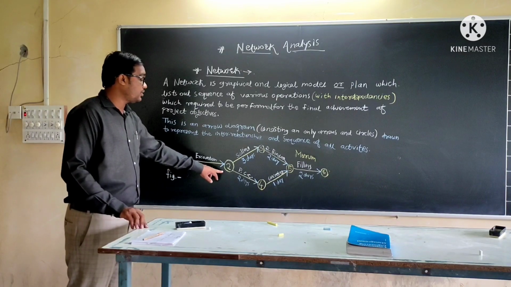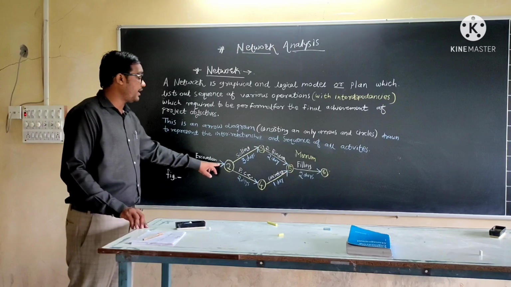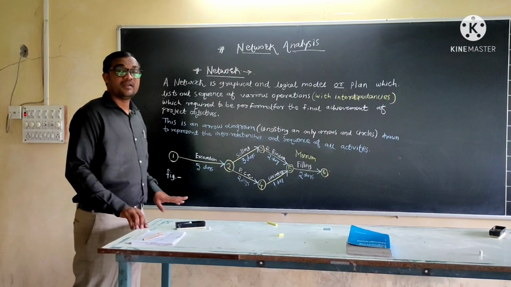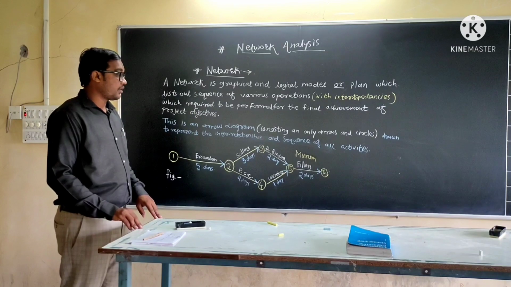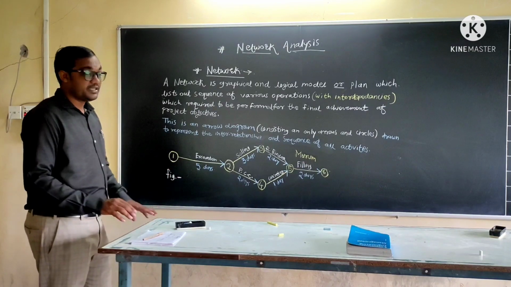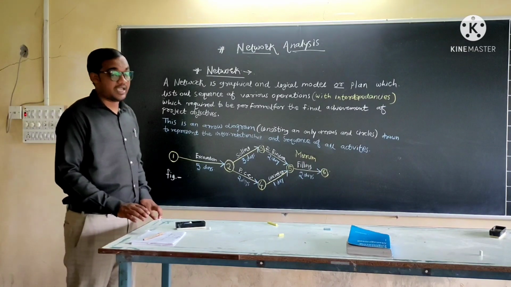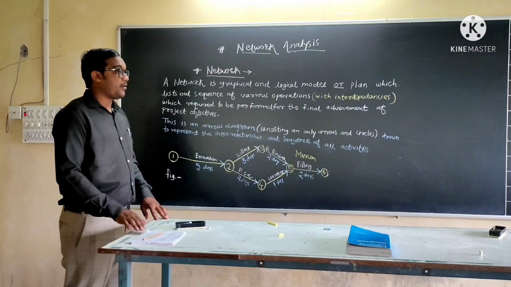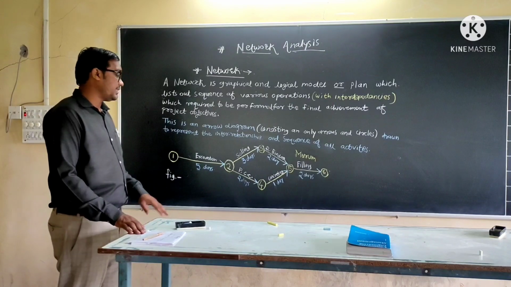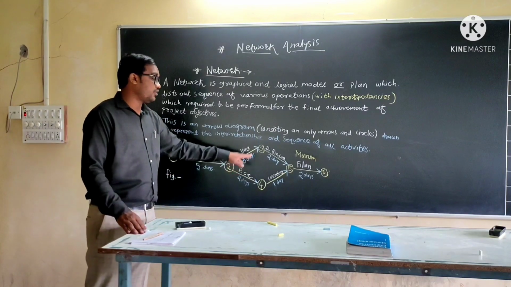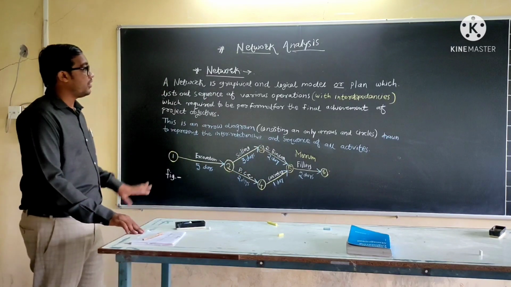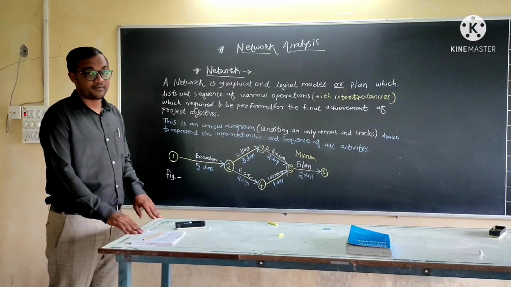The arrow shows that excavation is completed and soiling and PCC started. So this consists of only arrows and circles, which shows the interdependencies and sequence of all the activities. The whole figure is called a network diagram.